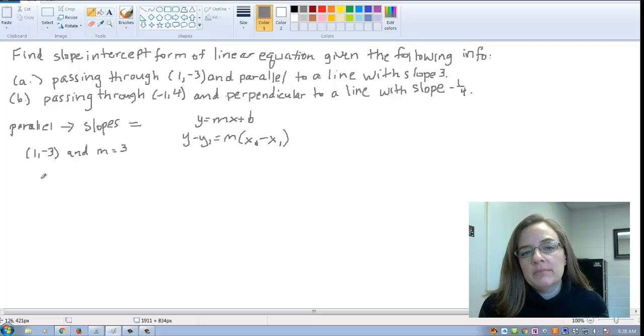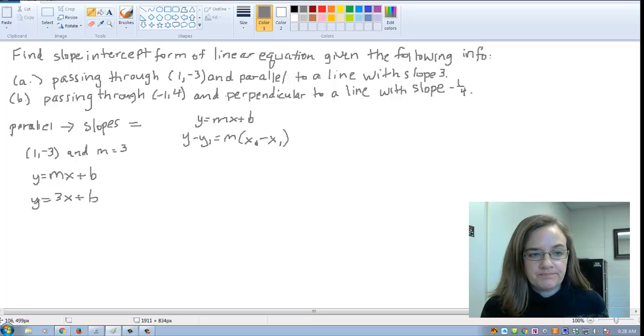So with saying that, I've been using slope-intercept a lot, so I'm just going to stick with that. So if I'm going to use the slope-intercept to find this line, I'm just going to start here. I'm going to plug in 3. And then I'm going to plug in my point. So that means the y is -3 and the x is 1.